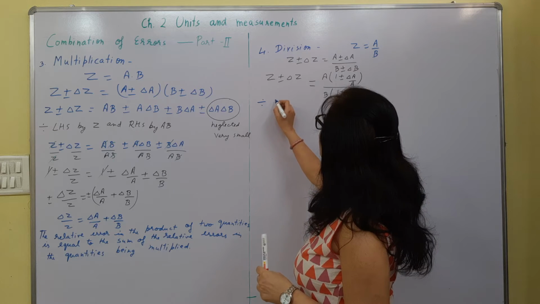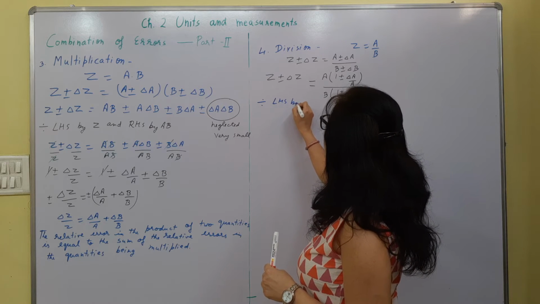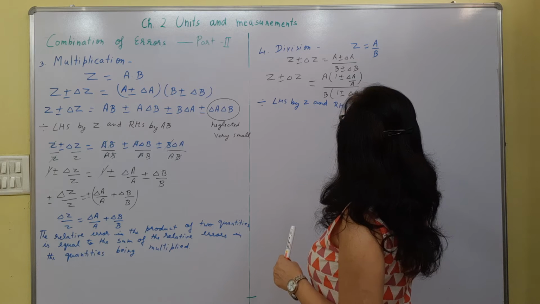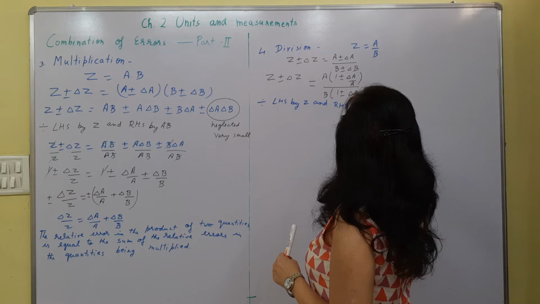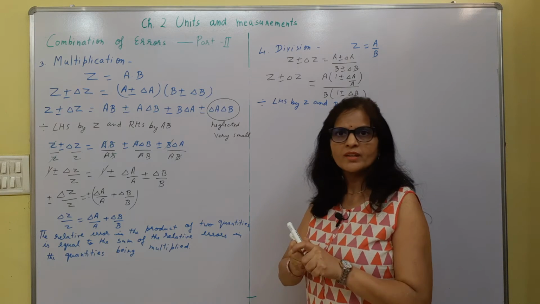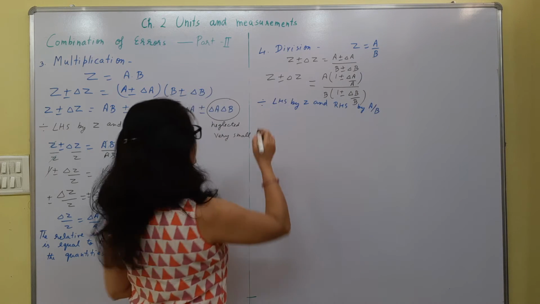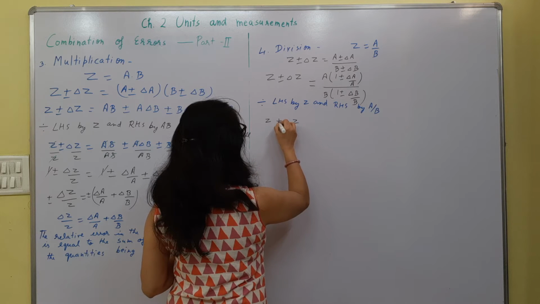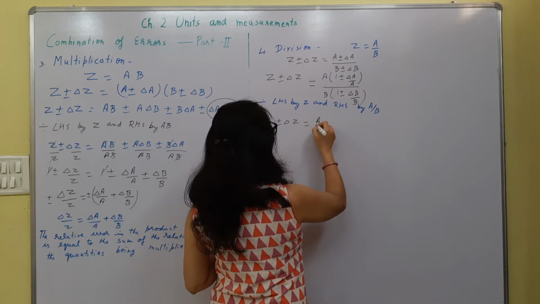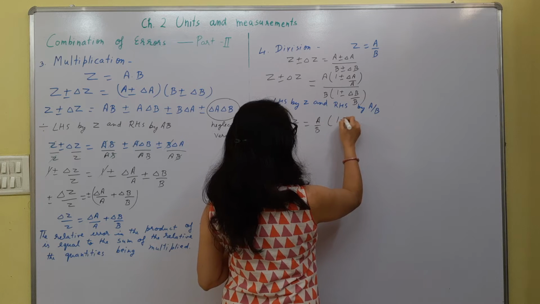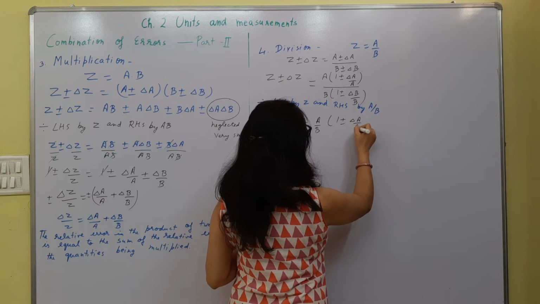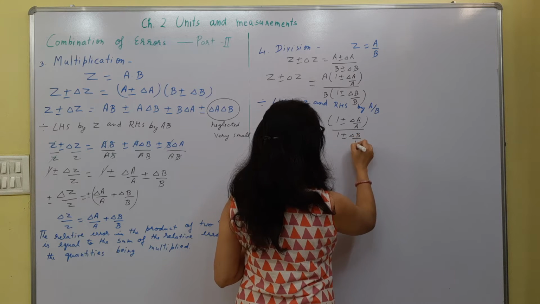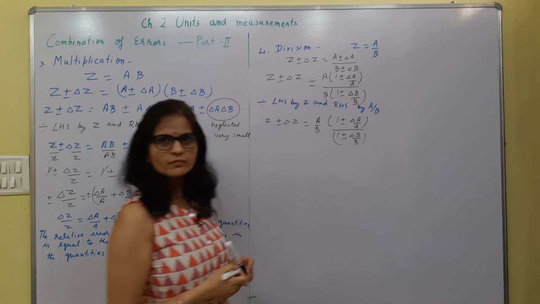So what can I do? Divide the left hand side by z and the right hand side by a upon b. So what will I get as before? This will be z plus minus delta z is equal to a upon b into 1 plus minus delta a upon a upon 1 plus minus delta b upon b, right?